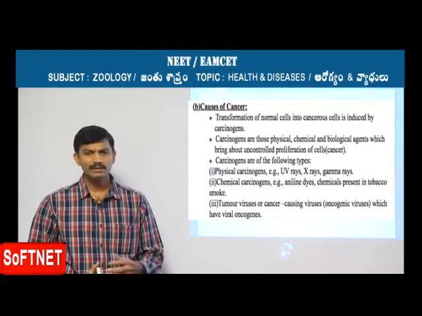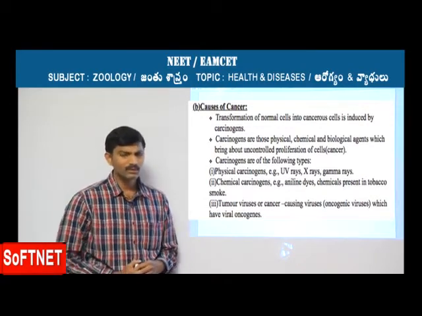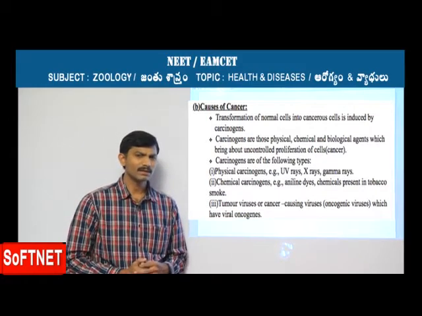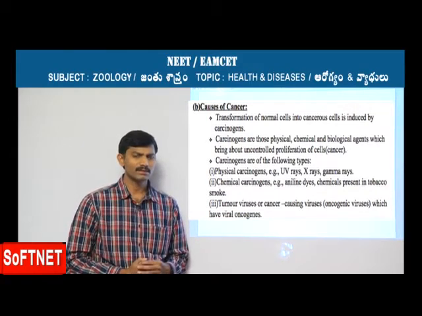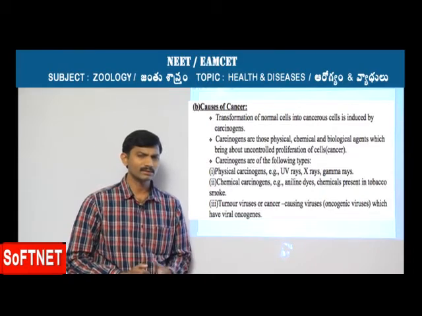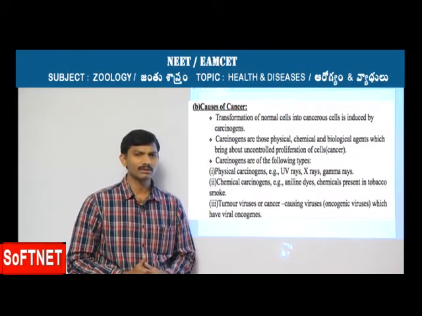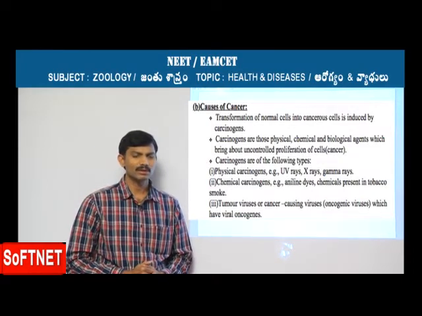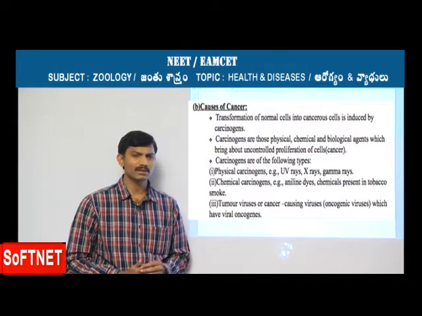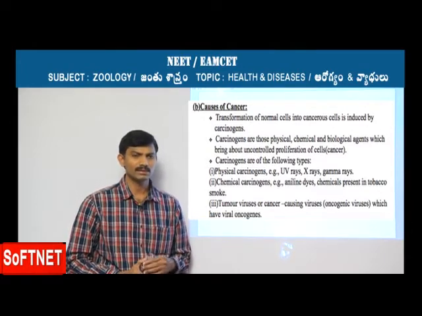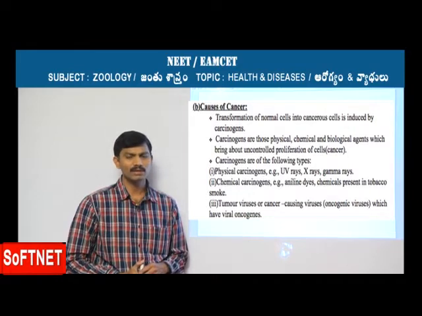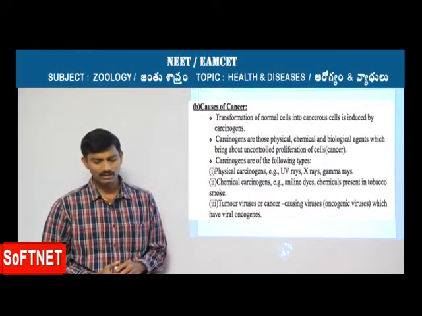Then what are the reasons mainly responsible for causing cancers? Inside every cell of living organisms, there are genes that are responsible for causing cancers, and those genes we call proto-oncogenes or oncogenes.